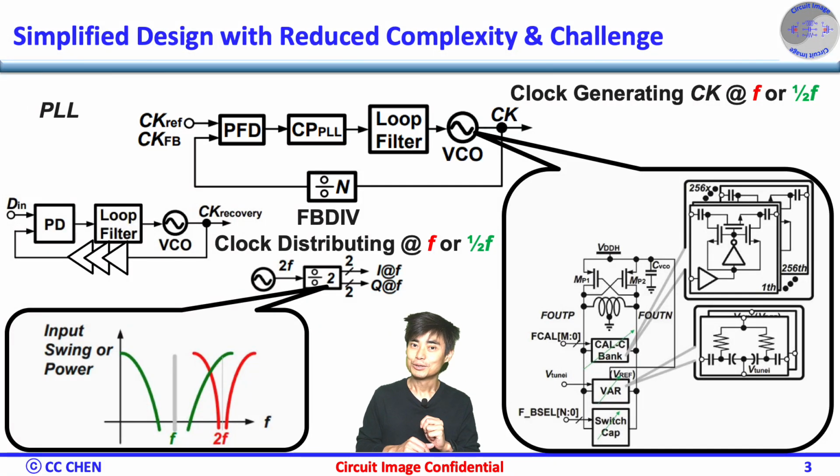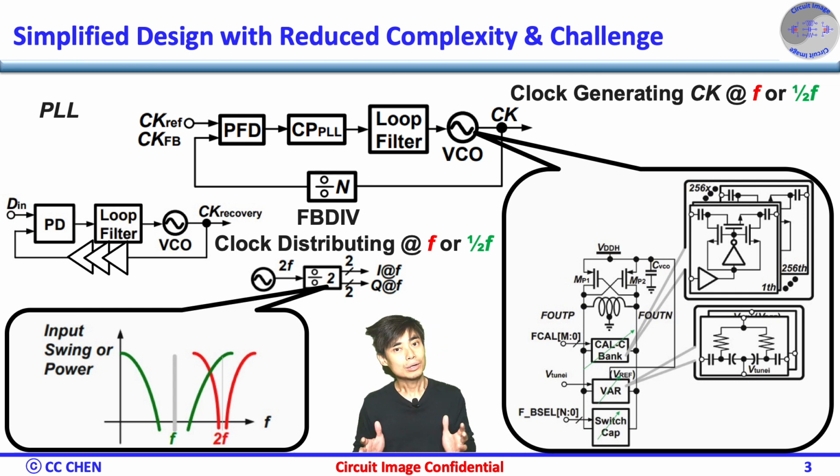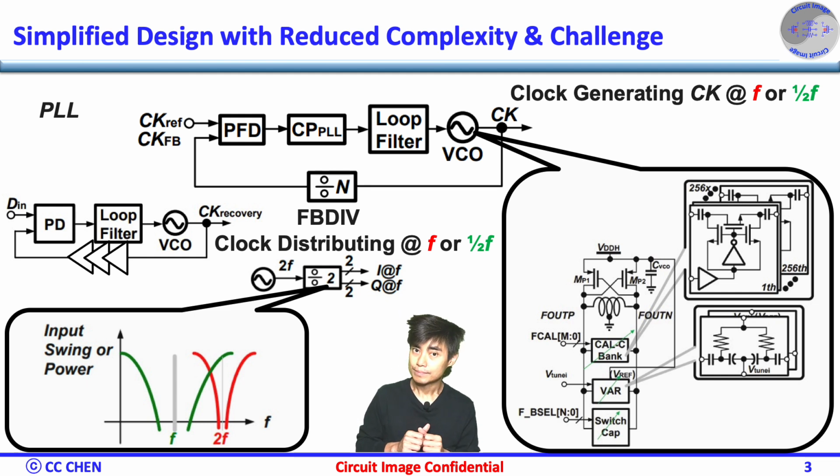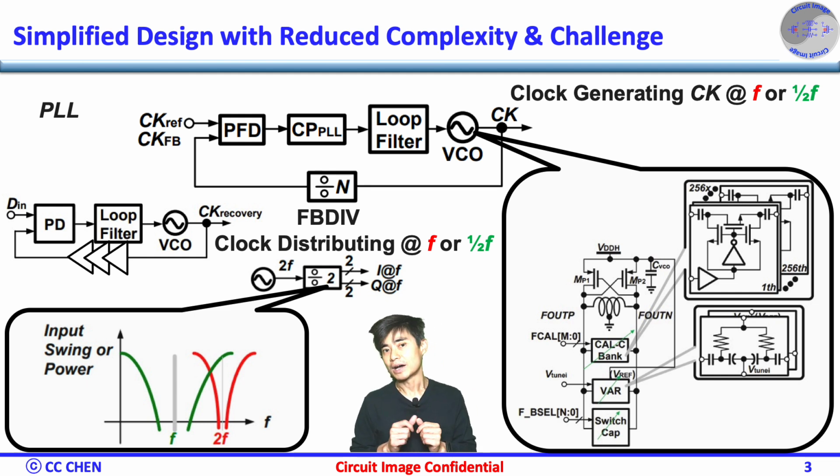Second, we want a simplified design with reduced complexity and challenges. Even though the full-rate clocking has the minimum number of clock phases, without the multi-phase generation and phase corrections, the half-rate CDR reduces the complexity of critical circuit components, such as the voltage-controlled oscillator, VCO, and feedback frequency divider, FBDIV, in the phase-locked loop, PLL, over the high-speed clock source.